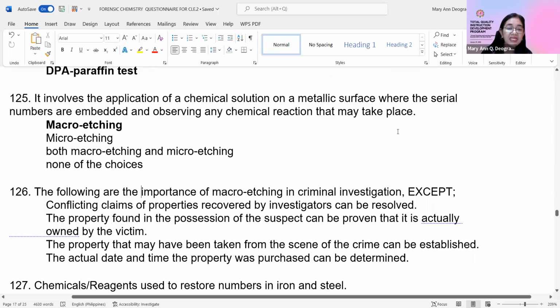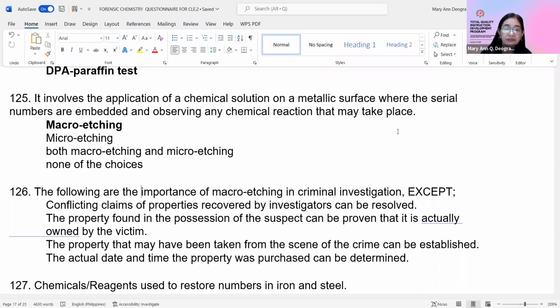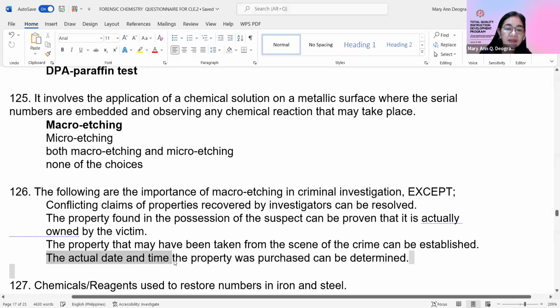Is it A, B, C, D? Alin dyan ang hindi pwede? Yes, it's letter D. Wala pa ako... matimingan? Ano ibig sabihin nun? Ano yung hindi mo matimingan?